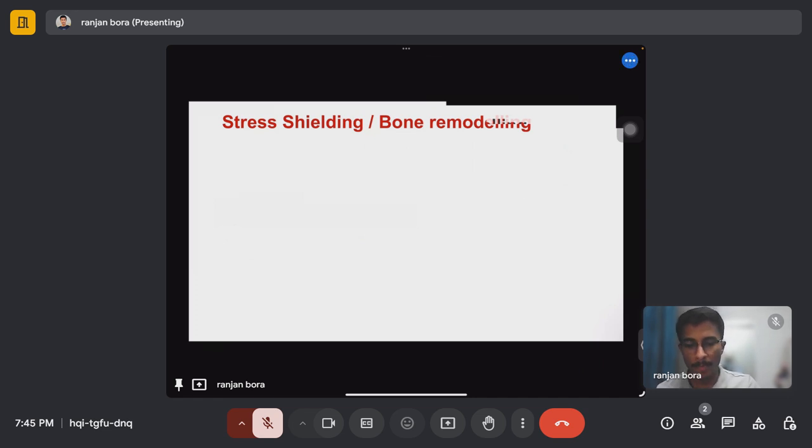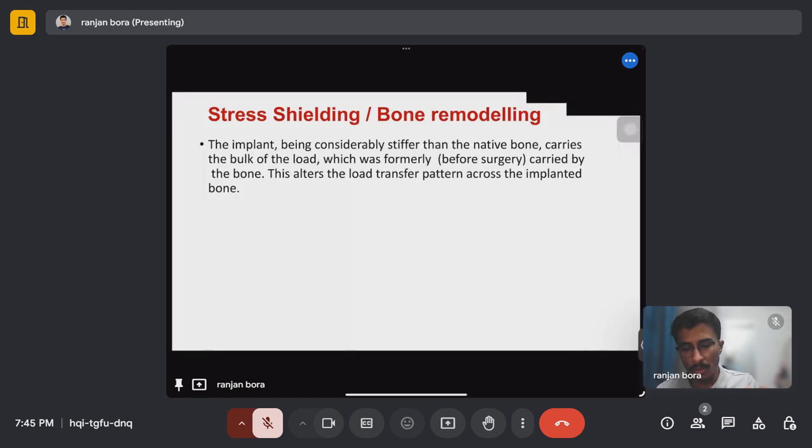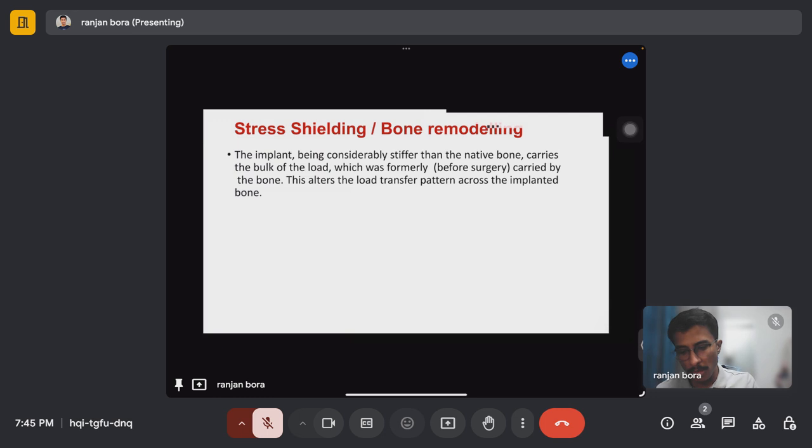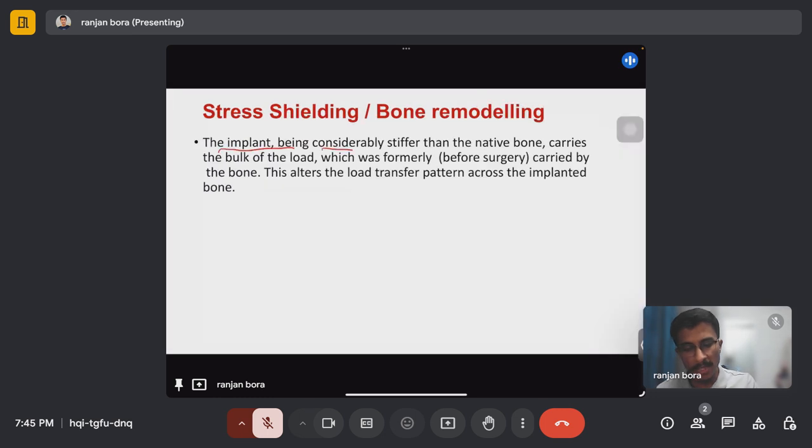So now I'll discuss. The implant, being considerably stiffer than the native bone, carries the bulk of the load. Before surgery the load was carried by the bone, but after surgery the load is mostly carried by the implant.